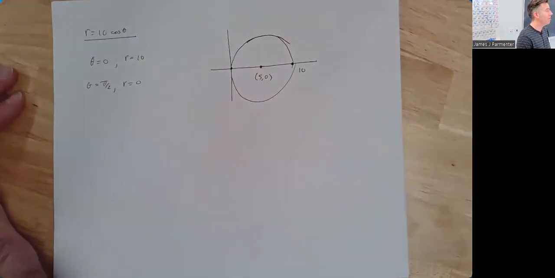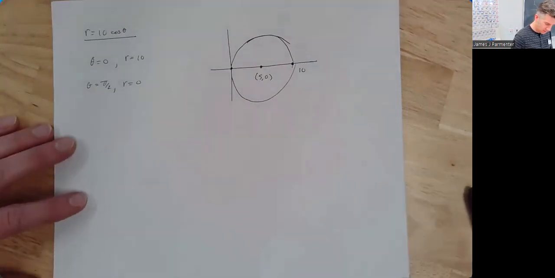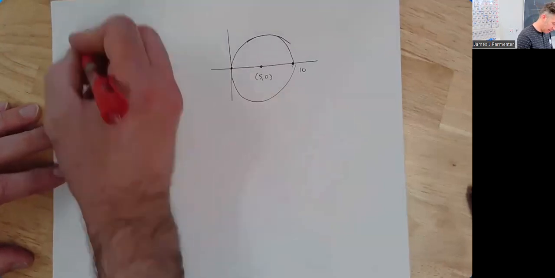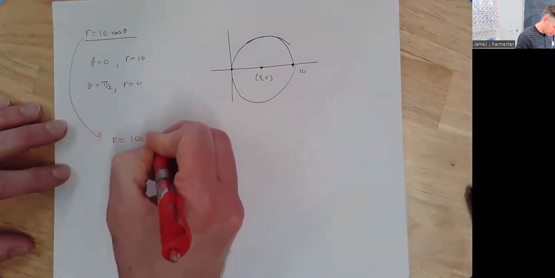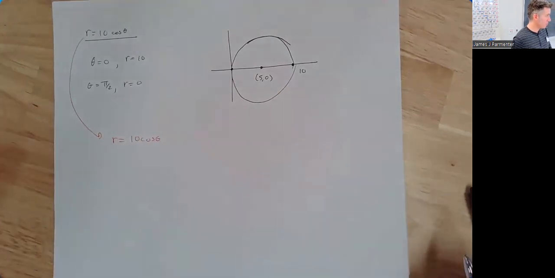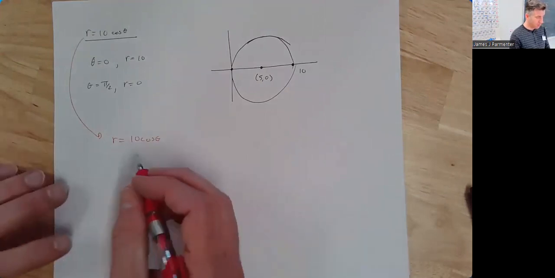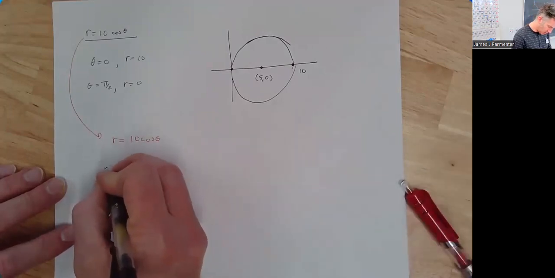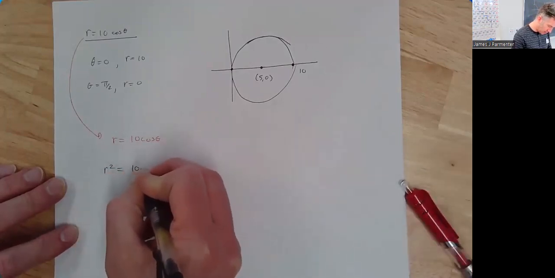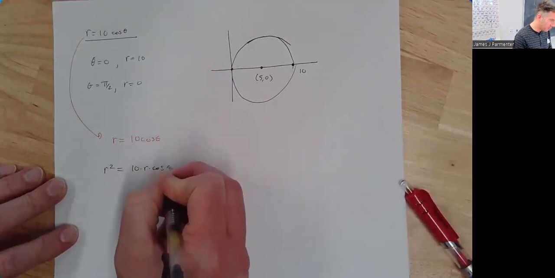Now, let me talk about how you could see it's a circle equationally. What if you want to change this back into Cartesian coordinates that were a circle? You're going to multiply both sides by r. So r equals 10 cosine theta, multiply both sides by r, and get r squared equals 10 times r times cosine of theta.